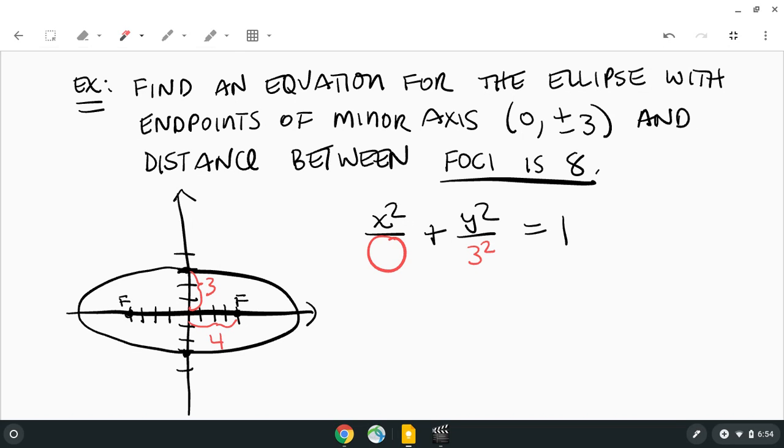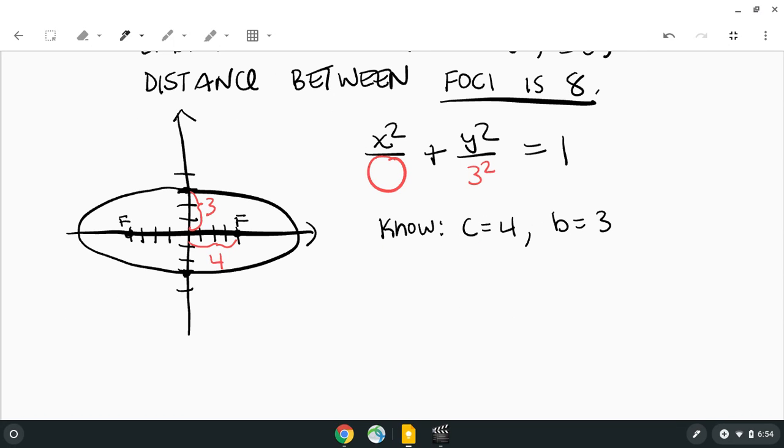Okay, so let's take a look. I know c equals 4. I know b equals 3. And I know a is the larger of the two. So I'm going to use c squared equals the larger one, which is going to be a squared minus b squared. Let's plug in and solve for that a squared.